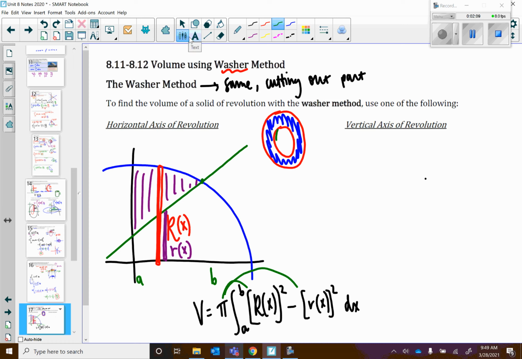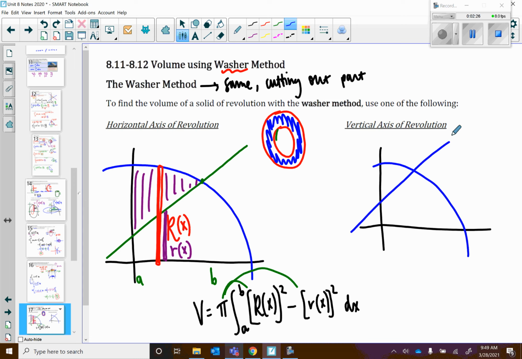What if we have a vertical axis of revolution? Well, it's going to be very, very similar. So let's say we've got here a function, and we'll draw the same kind of two functions. Here a function, but in this case, we are rotating this region around our y-axis.